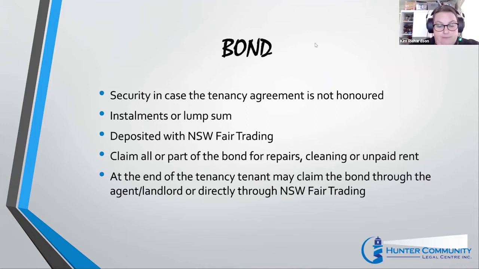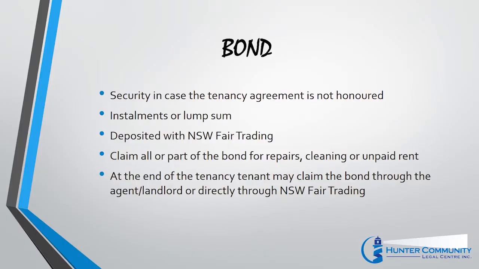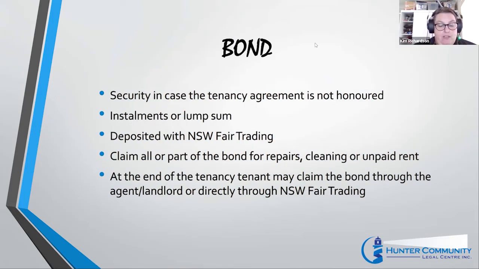Now, the landlord or the agent may claim from the bond the reasonable cost of repairs. So, for example, if you or another occupant or a guest has damaged the premises or goods that may have been leased with the premises, other than fair wear and tear.